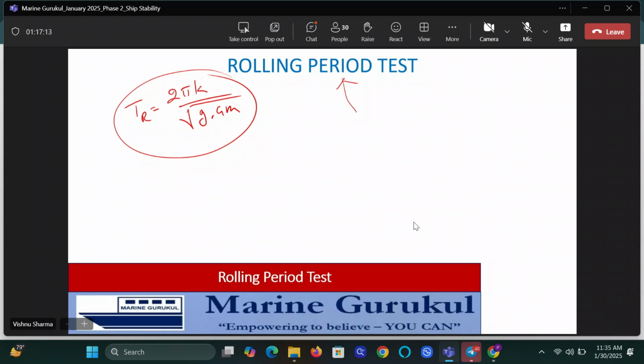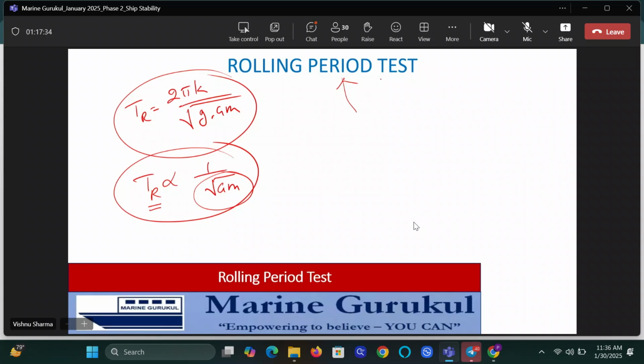Why? Because TR is inversely proportional to the square root of GM. So if you can measure the TR, the period of roll of your ship, it will indirectly indicate the GM of the vessel. And that is why it was called the rolling period test.